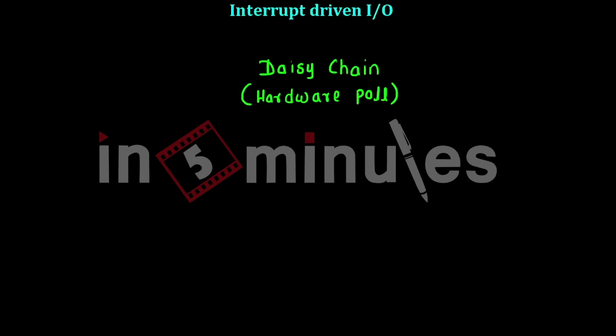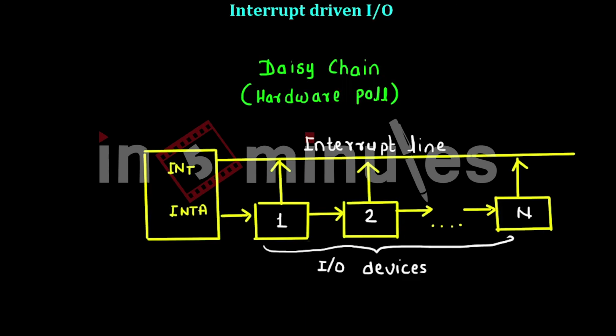The third way of handling multiple interrupts is having a daisy chain. The daisy chain structure is shown in this figure. So the interrupt line is the same. However, the interrupt acknowledge is propagated through the chain of devices. Here the daisy chain also decides the priority of the device according to its position in the chain.